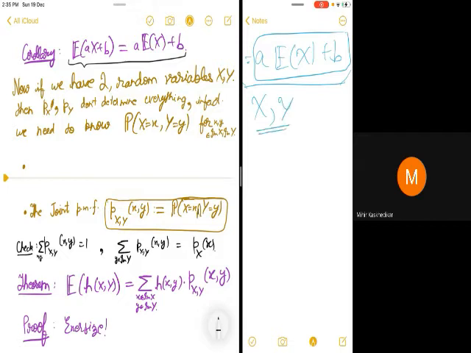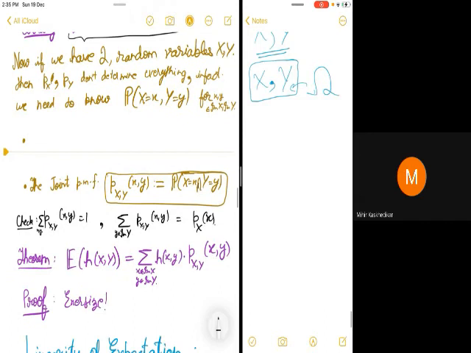The main benefit of defining a random variable is that we can consider the relations between two different random variables without having to change the sample space. That's the main power of defining a random variable.